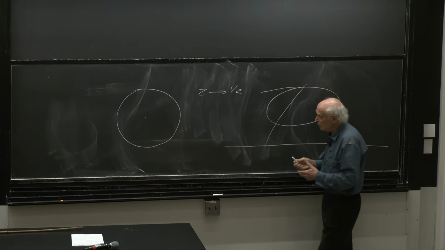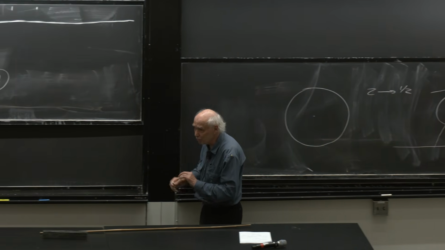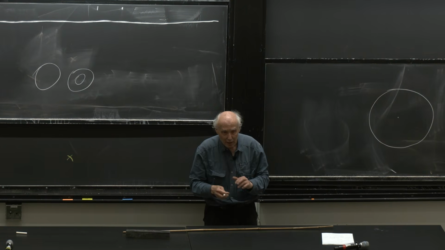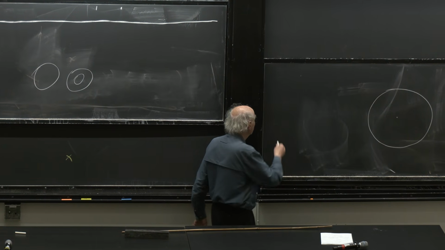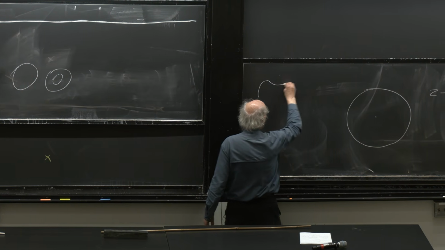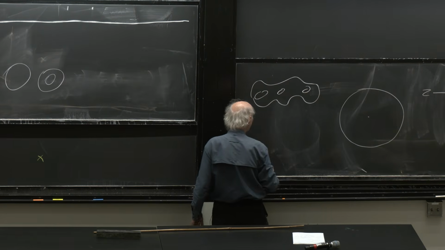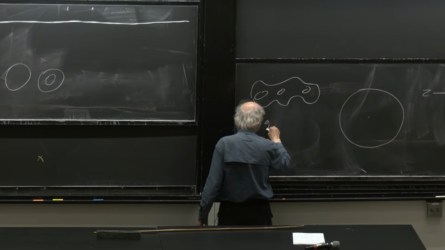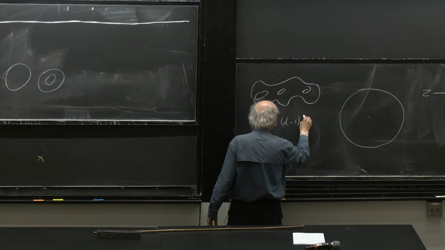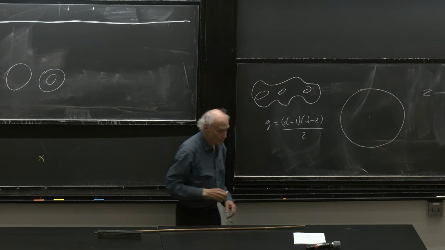And as I have already said, if you have a cubic plane curve, you get something like a torus. And in general, for a curve of degree d, you get something like a torus with a number of holes, the number of holes being (d minus 1)(d minus 2) over 2.